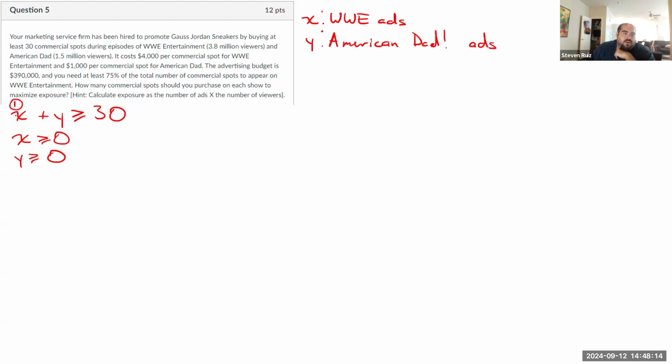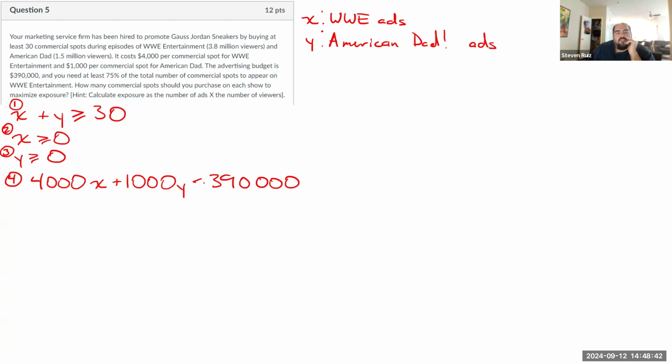So let's number these. 1, 2, 3, and this will be 4. So 4,000 X plus 1,000 Y, and my budget is $390,000. So that's my budget. So I don't think it makes sense for us to spend beyond our budget. Could spend less or equal to. So I think that's a good inequality there.